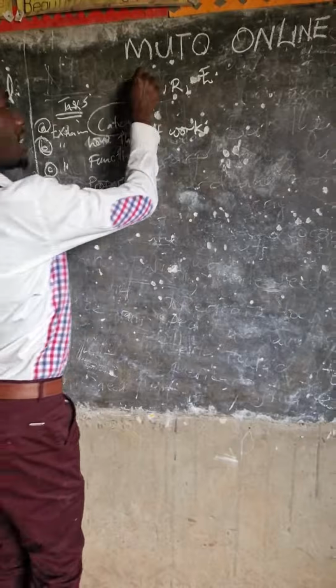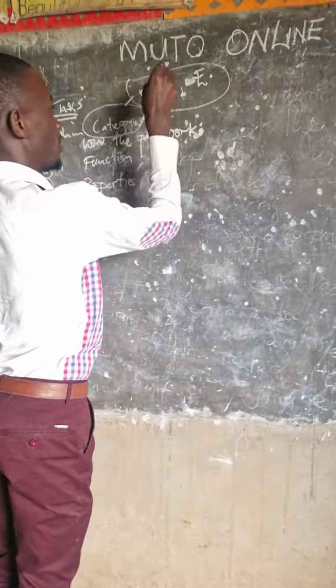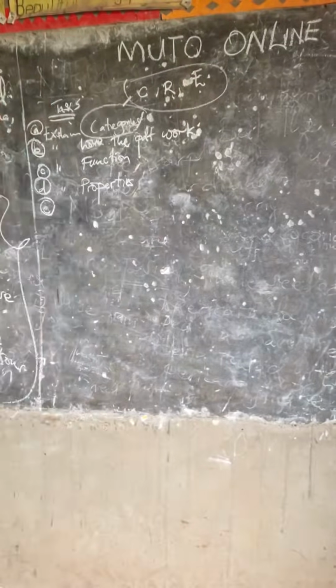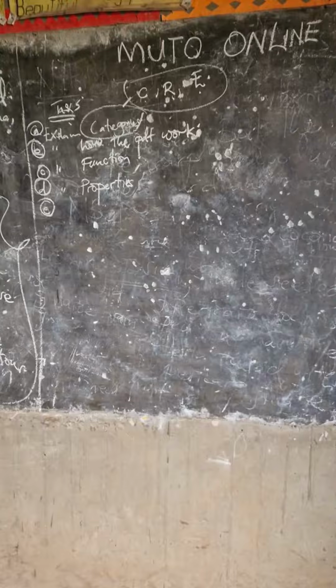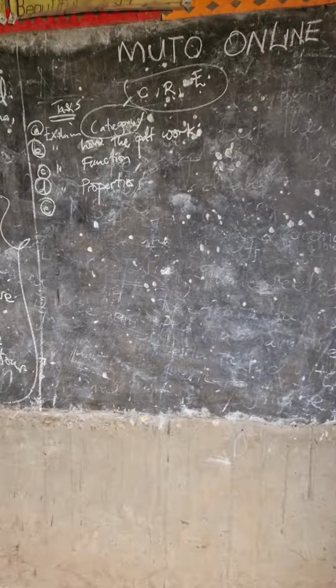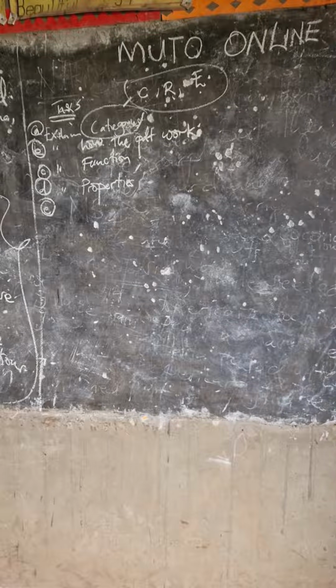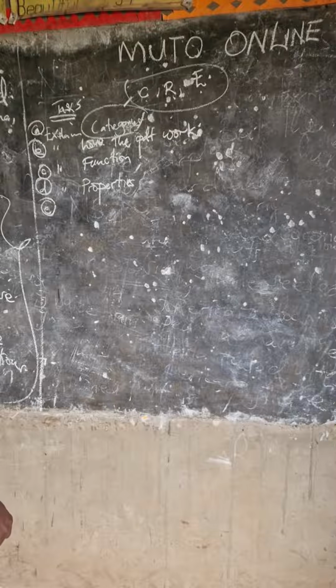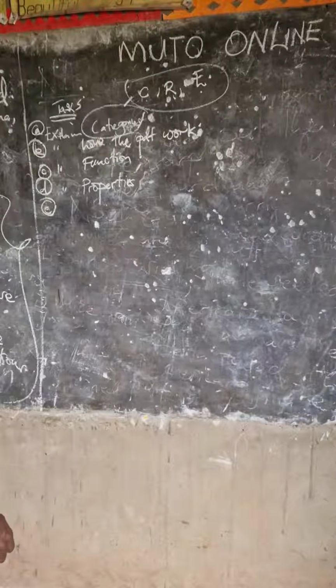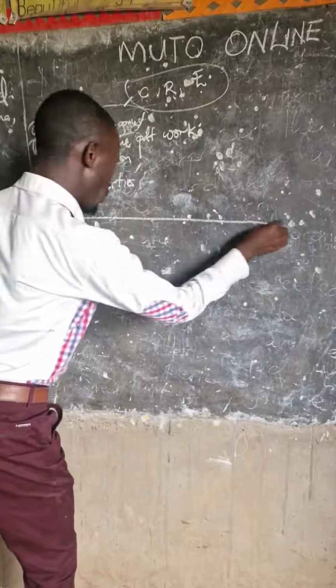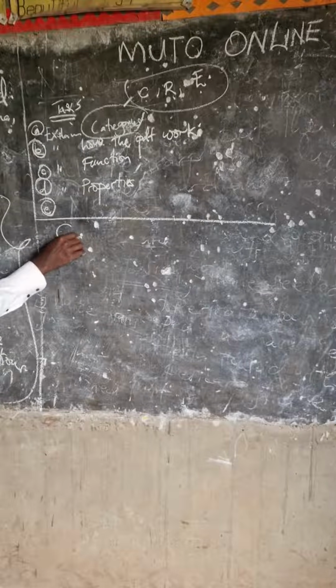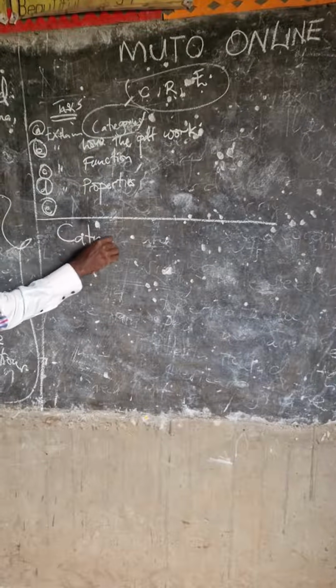So they mark CRE: category, reason, example, if you are told to explain. To move on, the food additives are of two major categories.